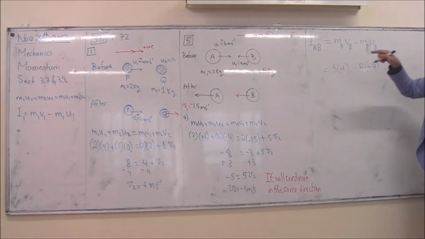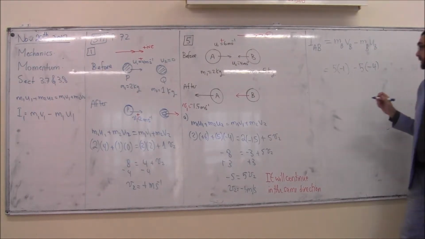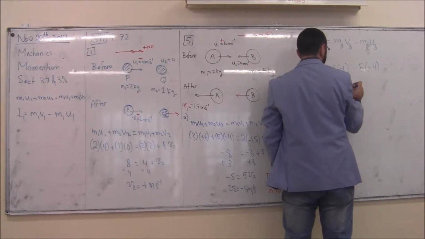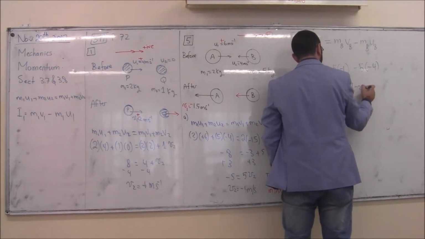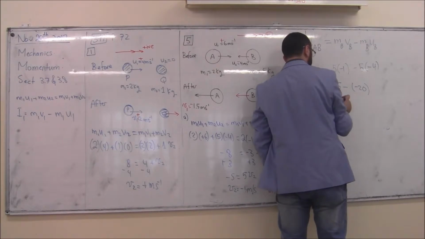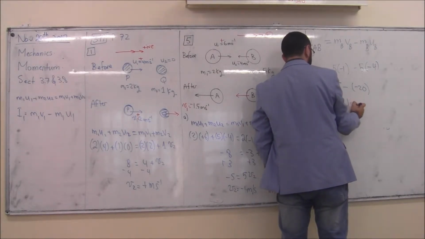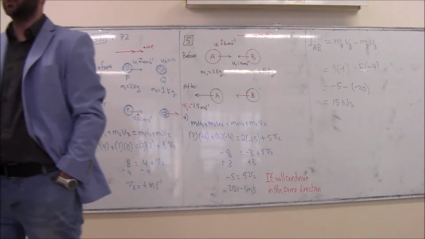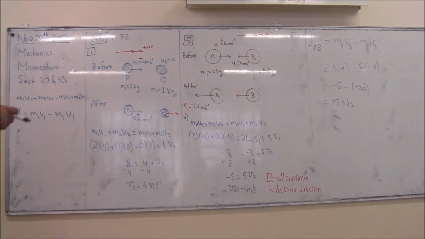Before, U for B is minus 4. This becomes minus 5 minus minus 20, which is 15 newton second. The unit for impulse is the same as the unit for momentum.